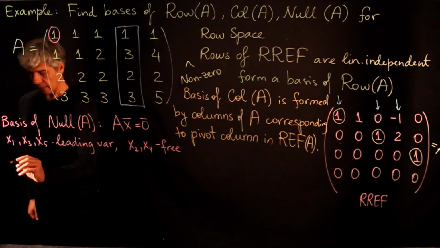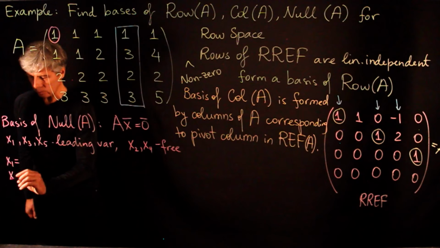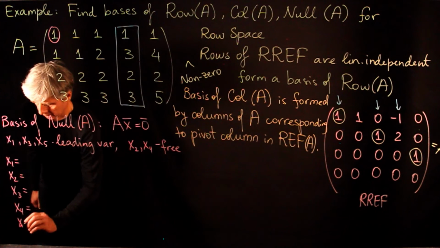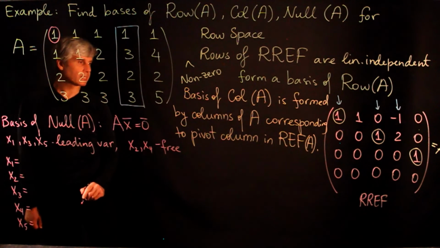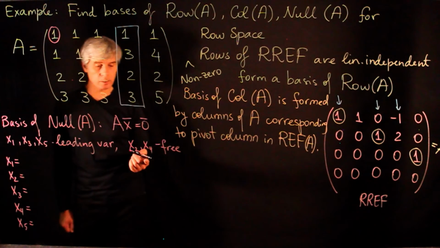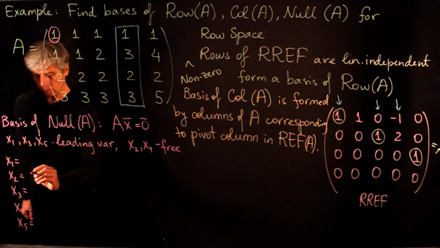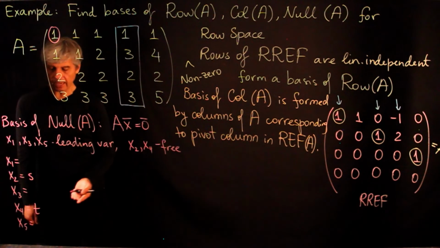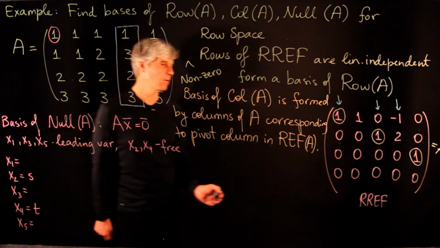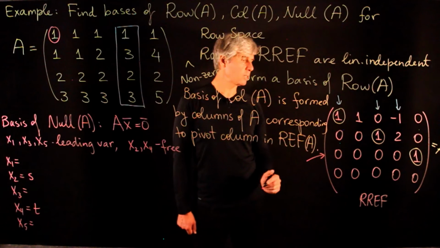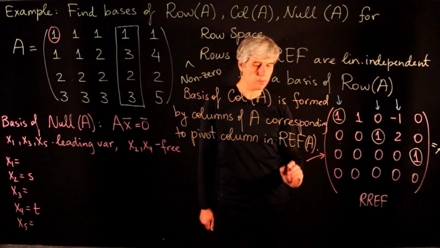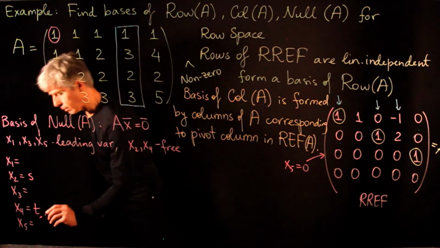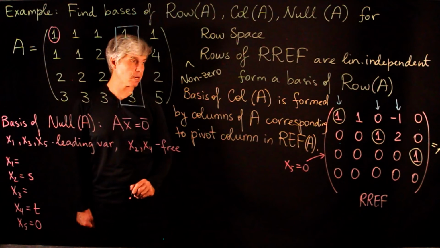So now, we take our list of variables, x1, x2, x3, x4, and x5. We assign parameters to our free variables. So we say that x2 is equal to s, and x4 is equal to t. And then we express our leading variables through these parameters. Now, what is equation number 3 here? If we read equation number 3, it says x5 is equal to 0. So x5 is going to be 0 and will not depend on the parameters.